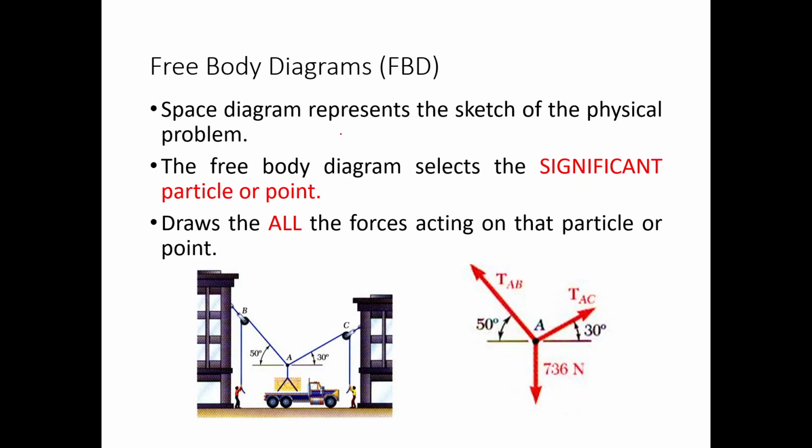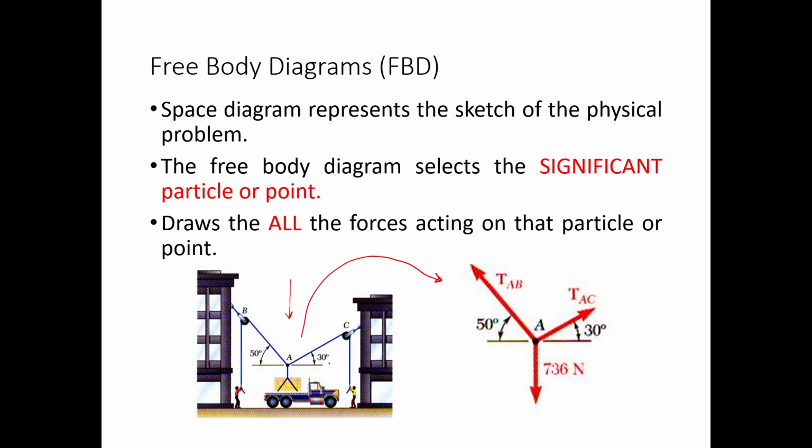Okay, so for example, we have this problem here. Since we're going to use equilibrium condition in the forces, if we're trying to draw the FBD of this problem, notice that point A can be isolated in this manner here.